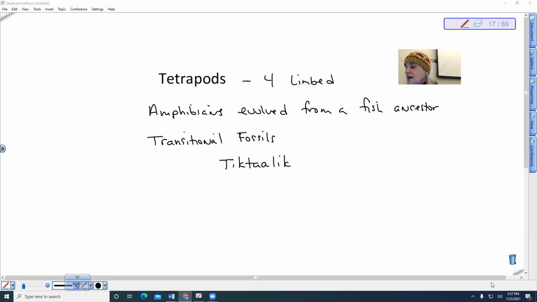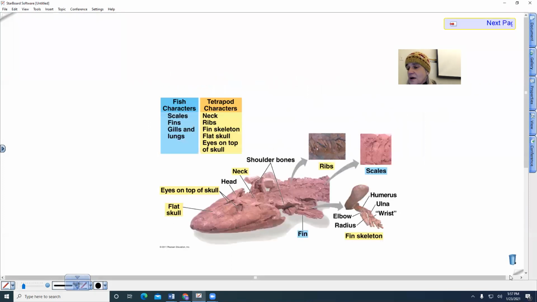So if we look at the Tiktaalik fossil, one of the characteristics, and this was a diagram that you have that's going to be sent to you, you have scales, you have fins, you have gills and lungs because you have a swim bladder that can be used as a lung. You have a neck, you have, if you're a tetrapod, you have ribs, you have a flat skull with eyes on top of the skull.